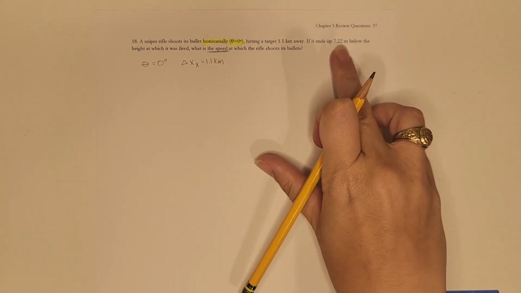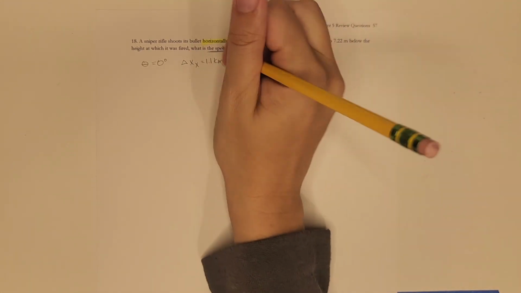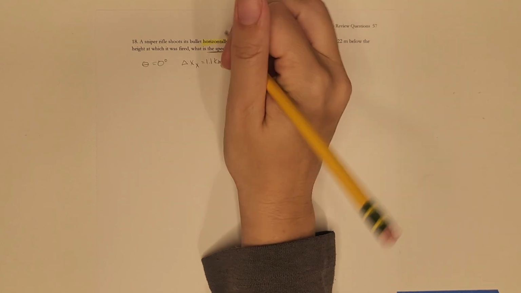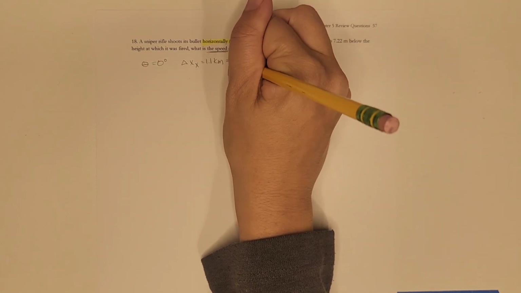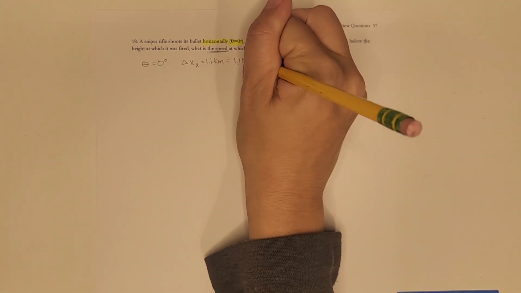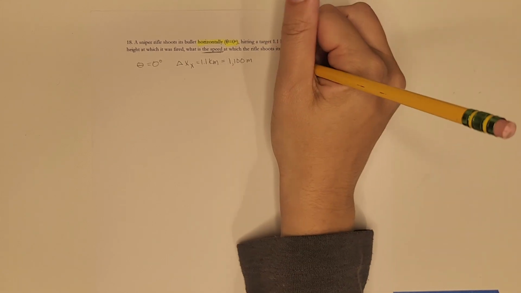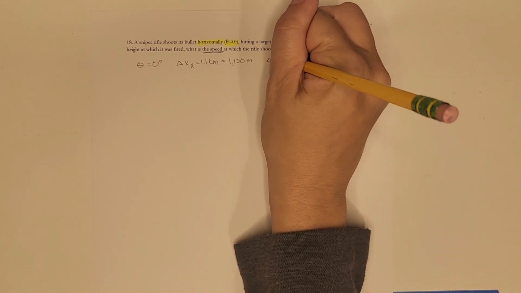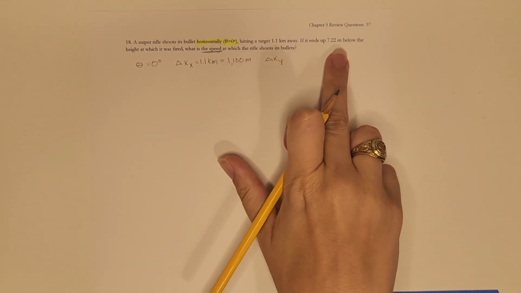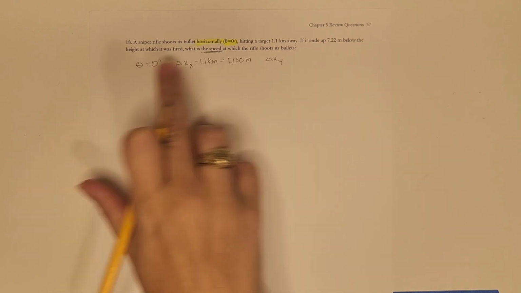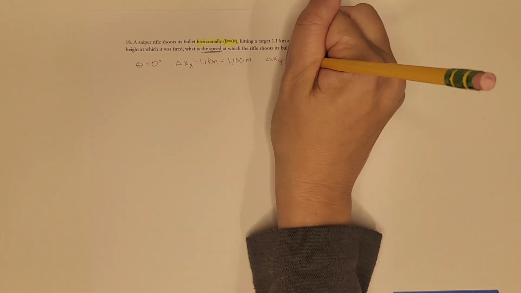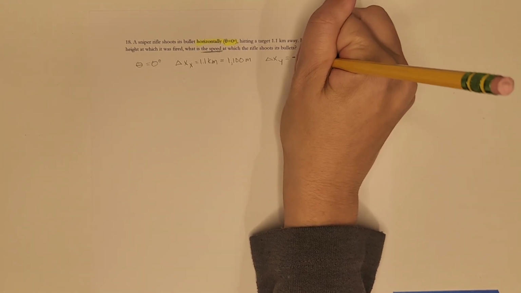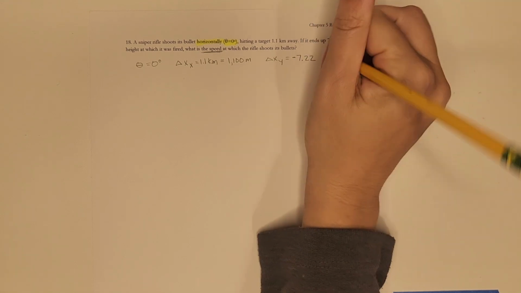And I remember that I'm seeing in meters here, so I'm going to go ahead and convert this to 1,100 meters. And then our delta y is 7.22 meters below the height at which it was fired, so it's a negative 7.22 meters.